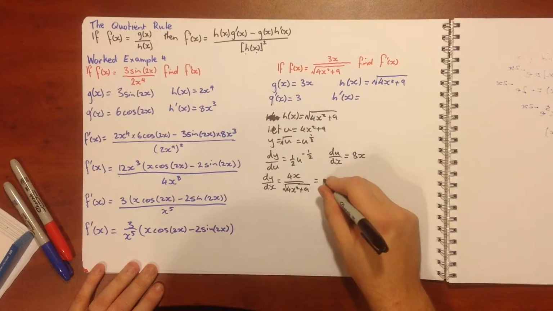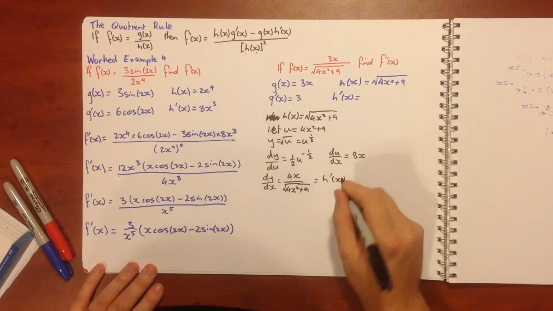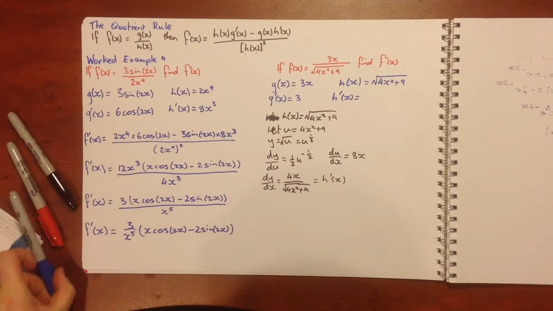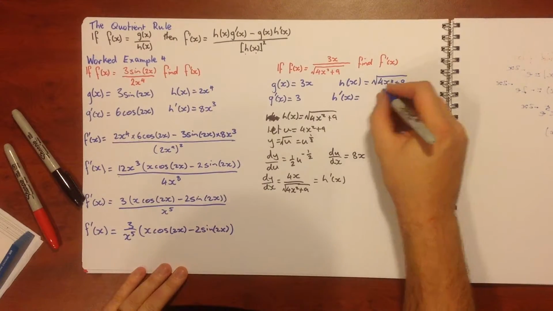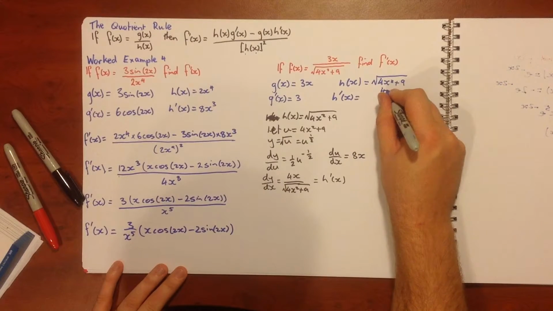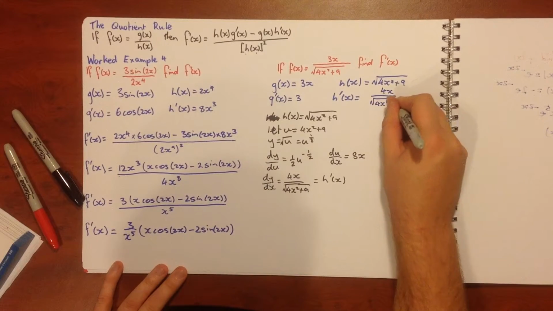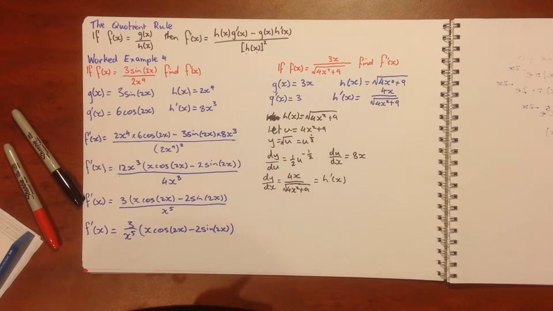Remember that is equal to our h dash of x. Now that we've got that, we can put it back up and say we've got 4x on the square root of 4x squared plus 9 for our h dash of x. There's a fair bit going on there.